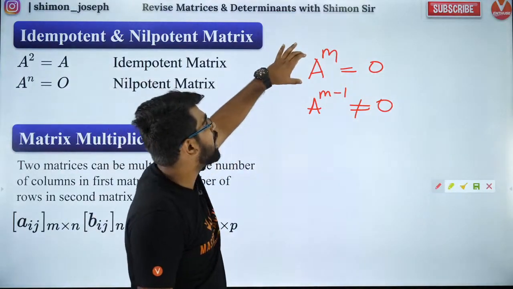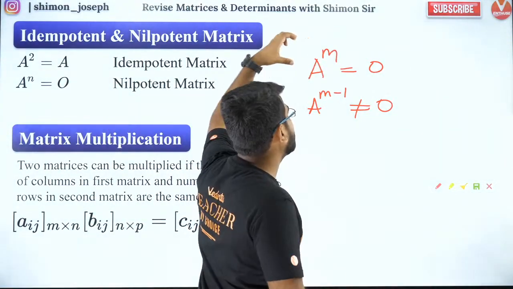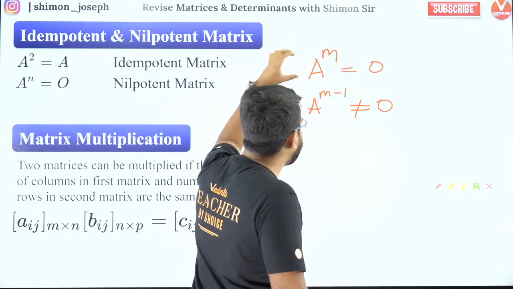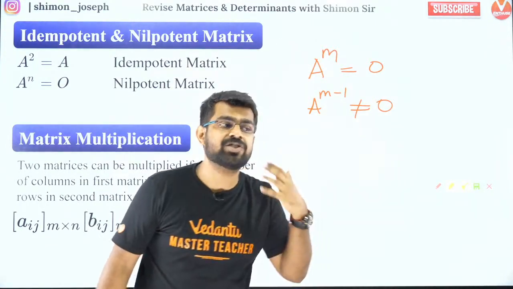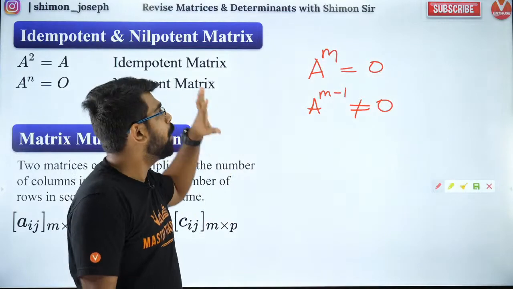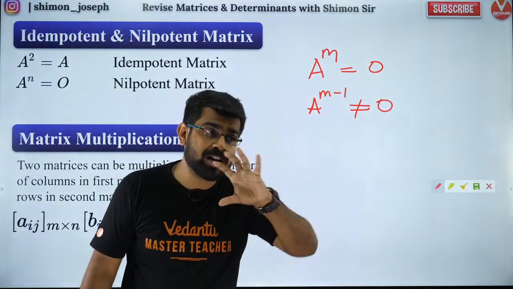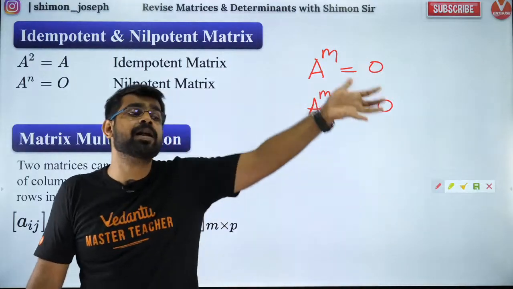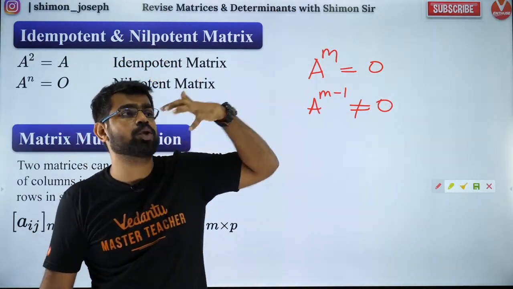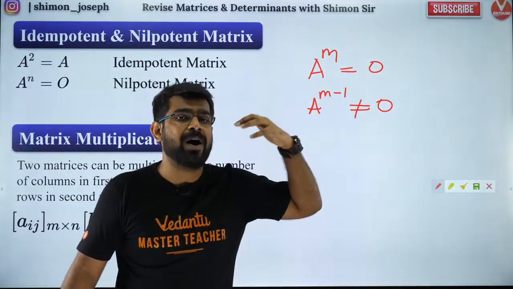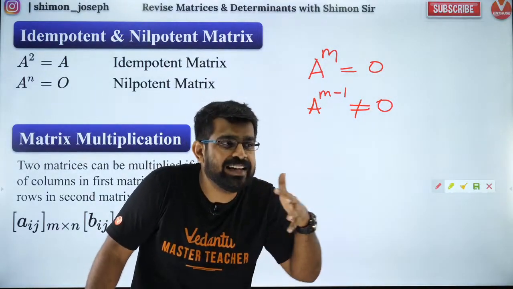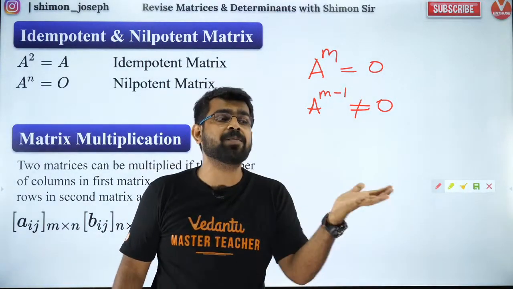Because if I say some power of A is 0, you can also have the matrix A itself to be 0. That does not make sense, right? So nilpotent matrix means the matrix A is not 0, but some higher power of it is. When I square, cube, power 4, power 5, like that, if I keep doing, at some point it becomes 0.